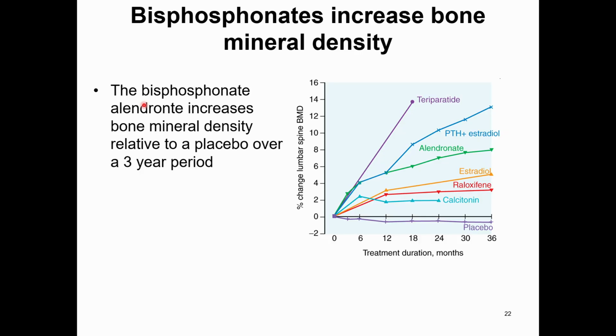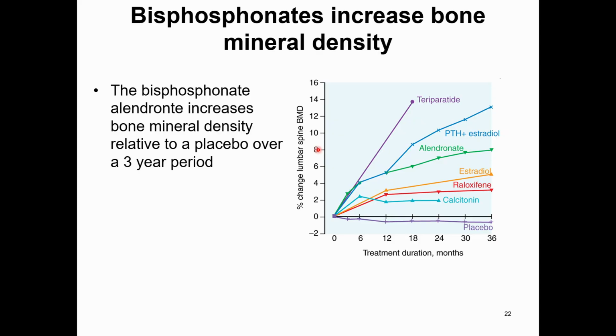Okay. So these things actually can increase bone mineral density. And here you can see some clinical data. So here we're treating people over a period of months out to 3 years. And here's the placebo down at the bottom. No real change over 3 years. And here on the x-axis is the percent change in the bone density in the spine of the lower back.